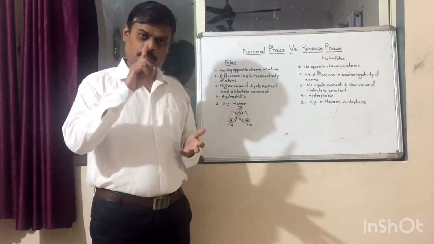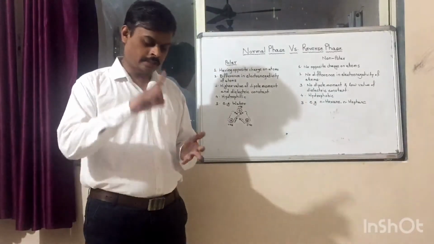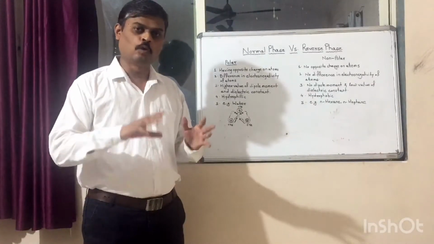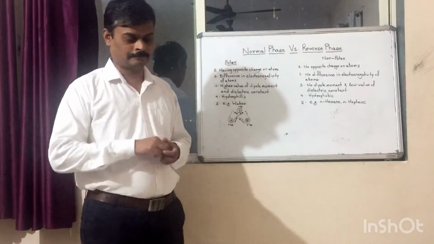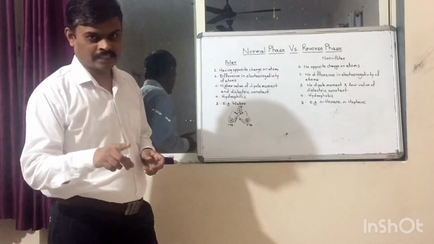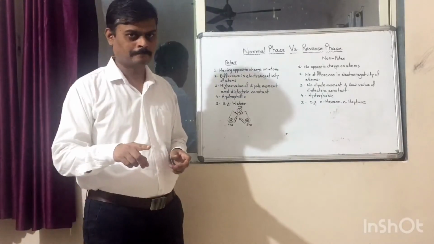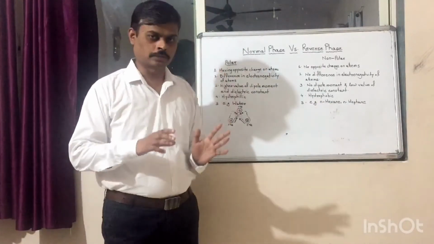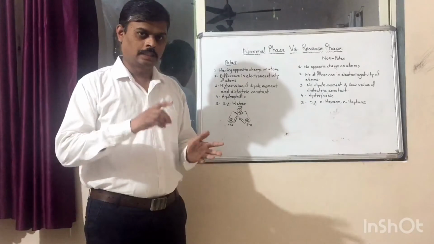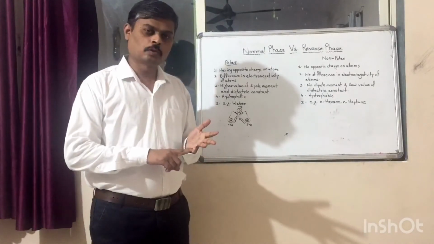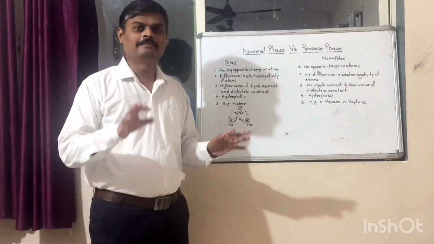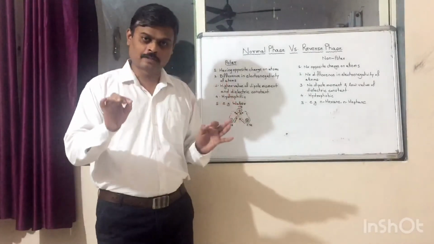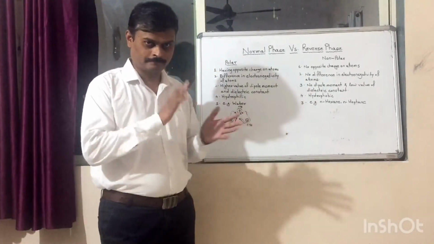Based on these values, molecules can be categorized into three different types. The first category is non-polar molecules. Non-polar molecules have zero dipole moment and a dielectric constant less than 5.